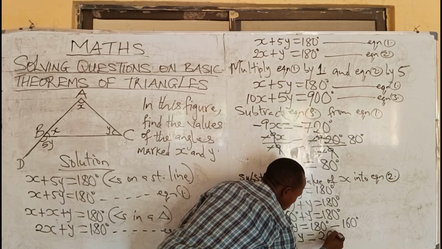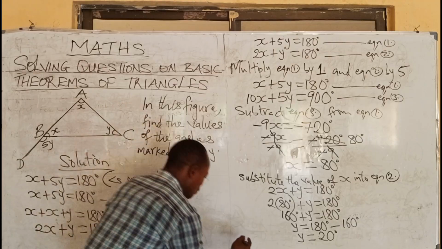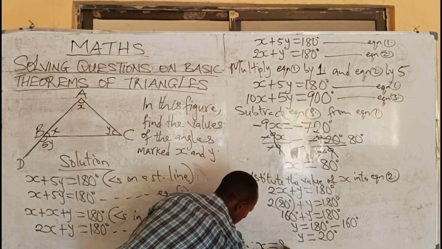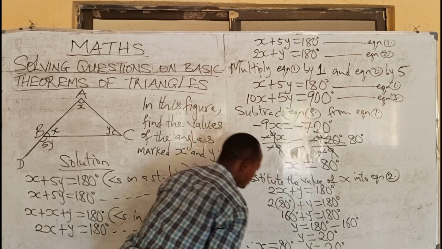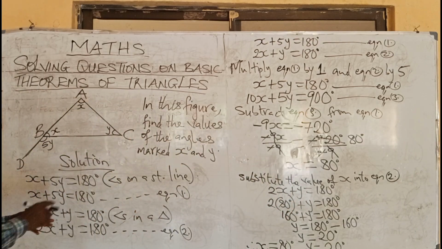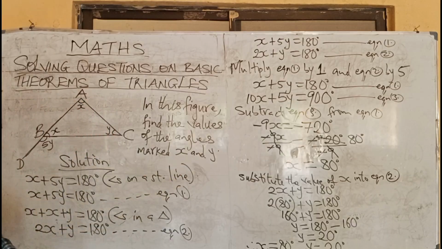That means our y is 20 degrees. So therefore our x is 80 degrees and our y is 20 degrees. With this, we are done solving because the question just requires us to find the angles that are marked x and y.